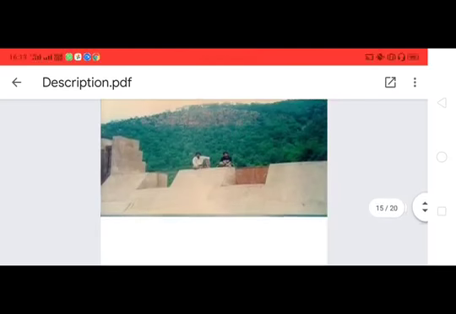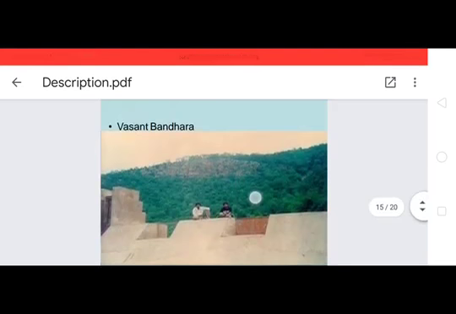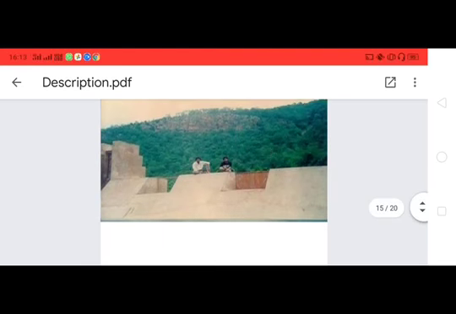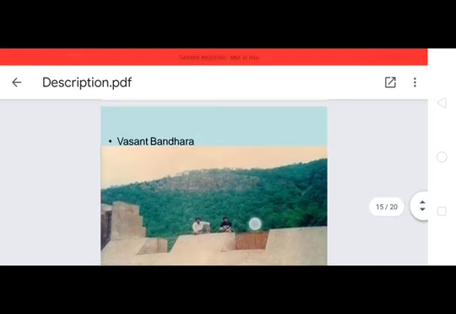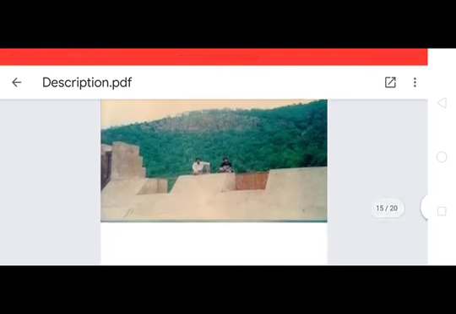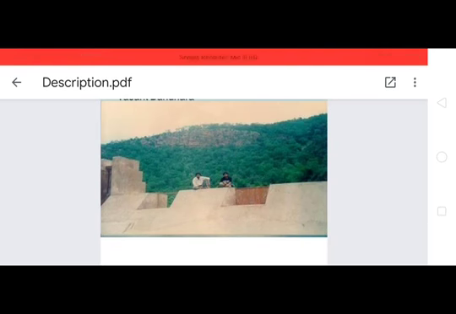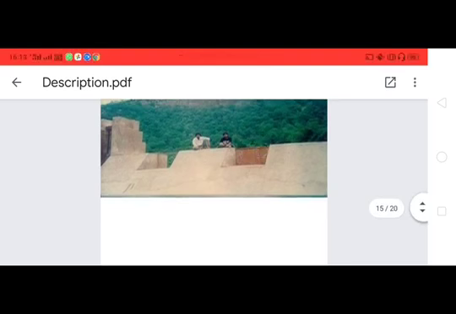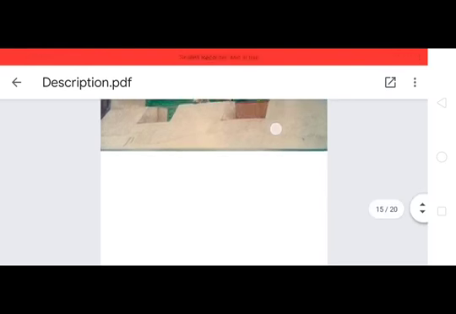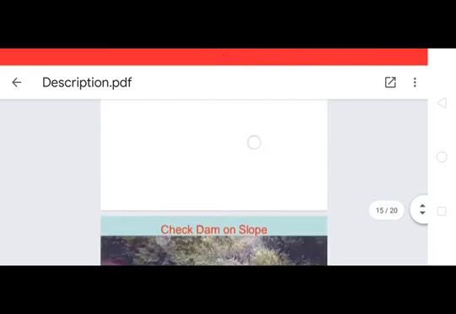So what can we do with this Vasant Bandhara dam? We can disturb the flow of water, so the force of the water can be dissipated throughout the path.